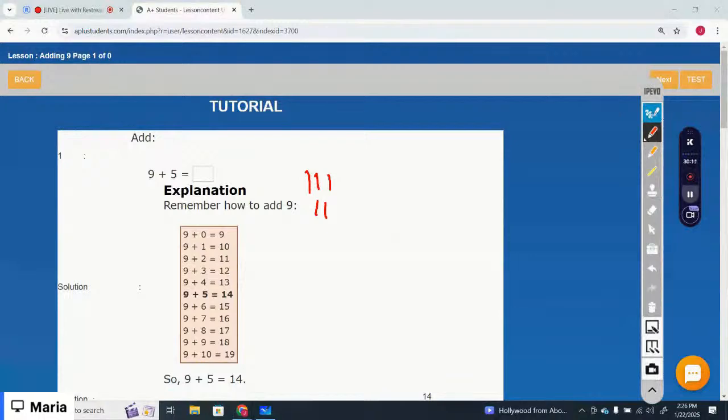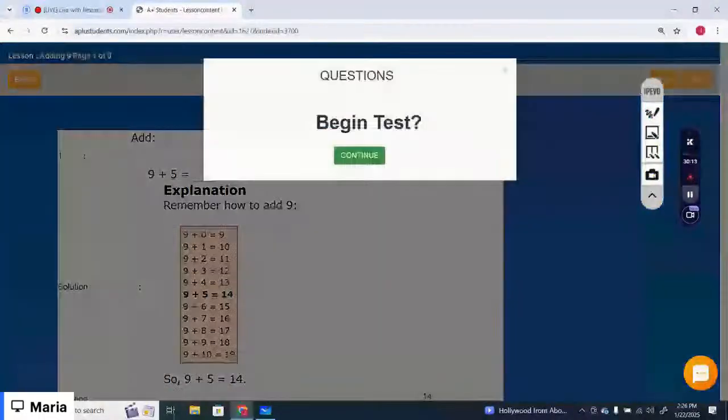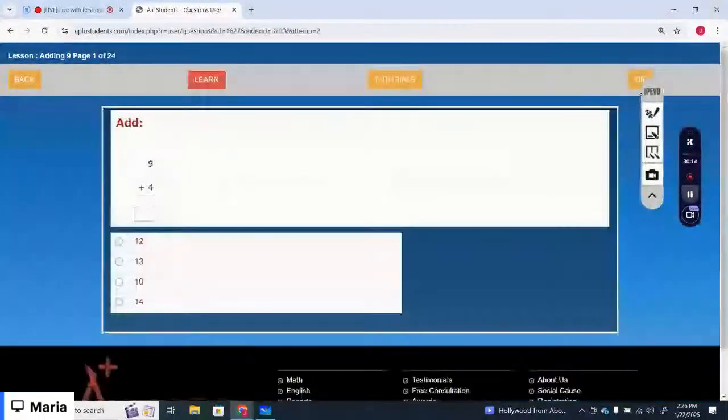Let's just start with the test questions. Plus 4, which is the correct option? 9, 10, 11, 12, 13. The correct option is 13.